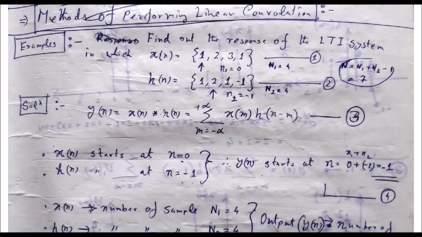The first method is a bit lengthy, but it will be illustrative as well as elaborative, so you can understand in a better way. But the second and third methods will be much shorter shortcut methods, and you cannot understand the internal method, but the output or the result will be the same.